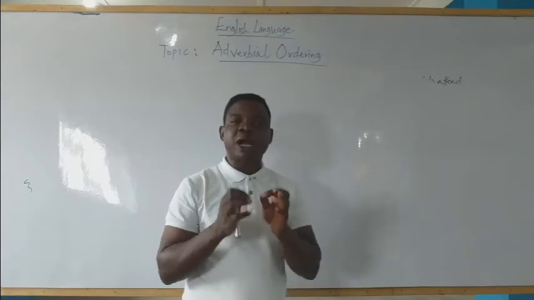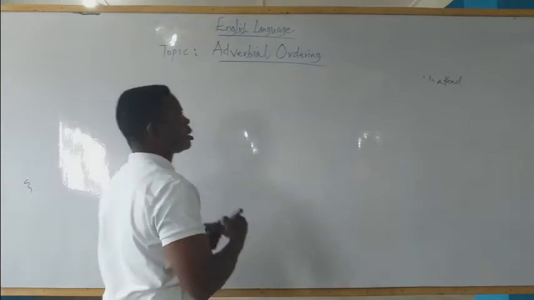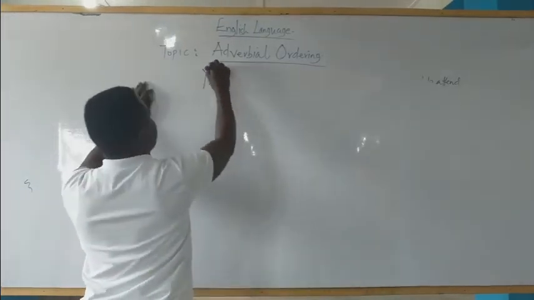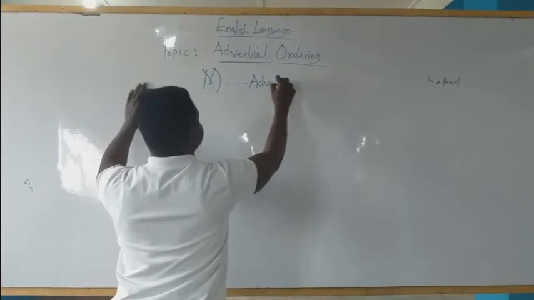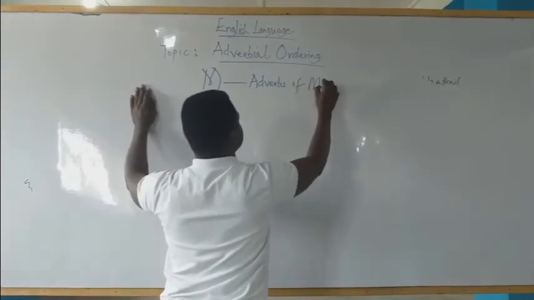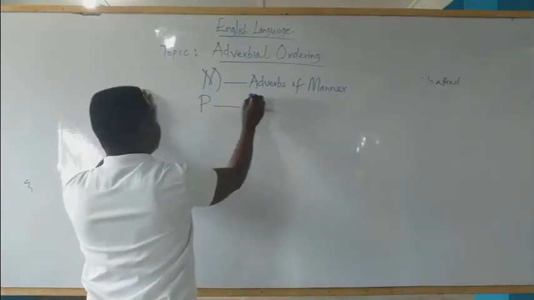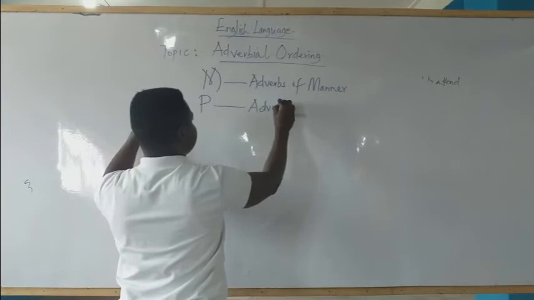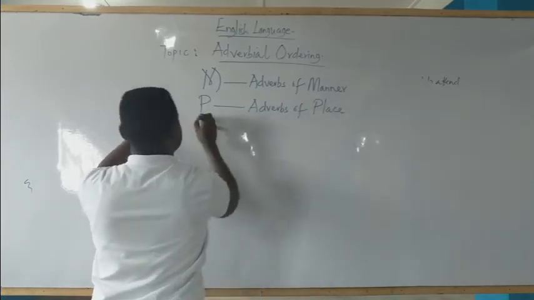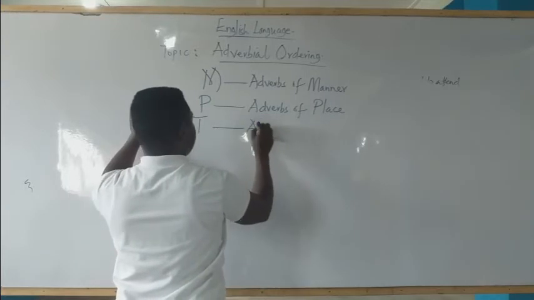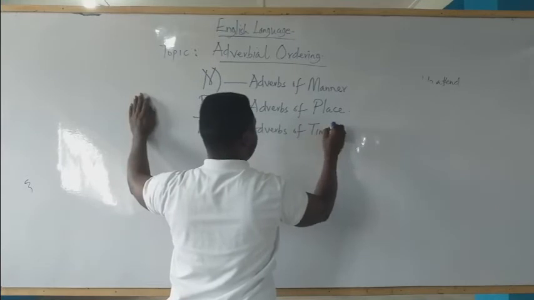And that order of arrangement is given as MPT. That's M for adverbs of manner, P for adverbs of place, and T for adverbs of time.